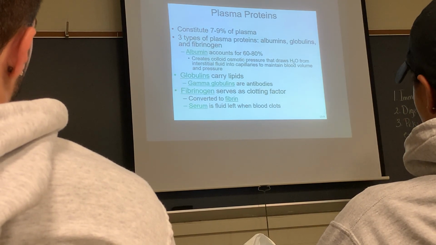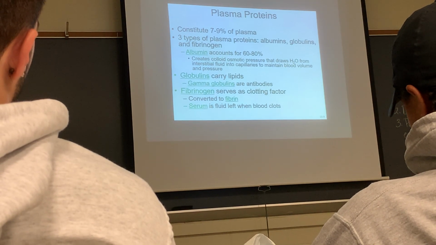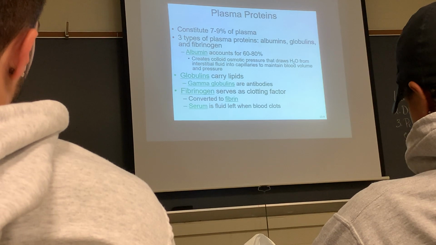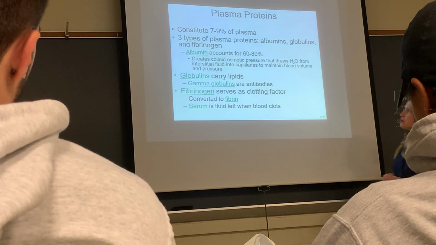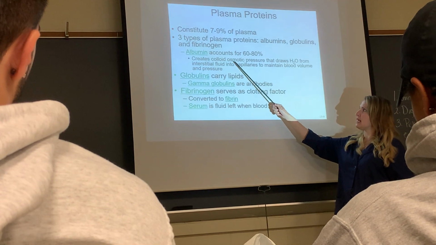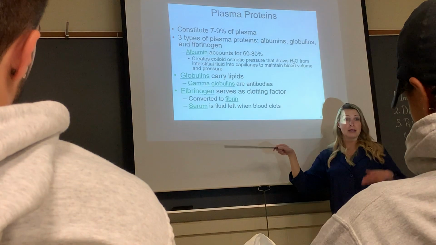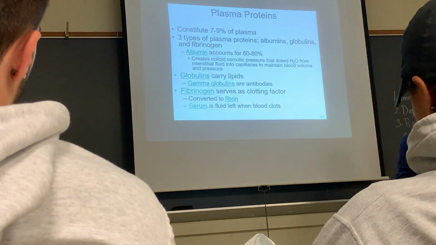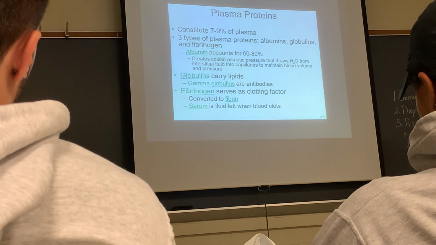Albumins, if you remember over here, we were talking about the osmotic pressure. And I said we have all these proteins that help to draw the water back in. The albumins are those proteins which create colloidal osmotic pressure that draws water from the fluid back into the capillaries. Sometimes we just call these plasma proteins, PP for short, but it's really the albumins.